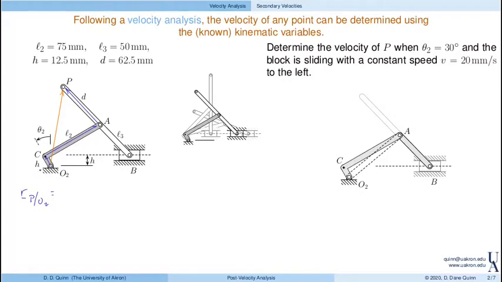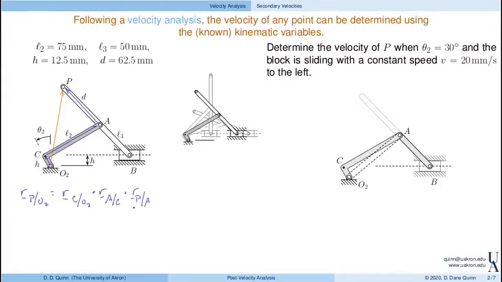Again, that's this vector in orange, as the vector from O2 to C plus the vector from C to A plus finally the vector from A to P.